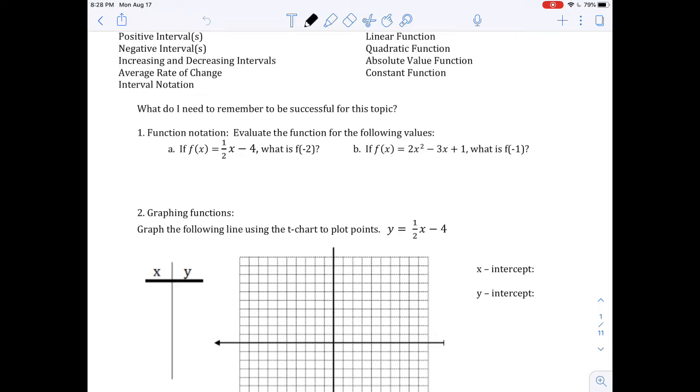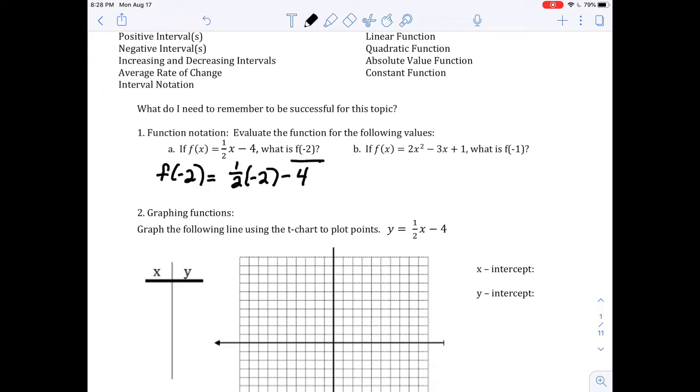For number 1a, when it says given f of x equals 1/2 x minus 4, what is f of negative 2? This means that we would take that negative 2 and replace it wherever we see x in the function rule. So f of negative 2 would be 1/2 multiplied by negative 2, subtract 4. 1/2 times negative 2 is negative 1.